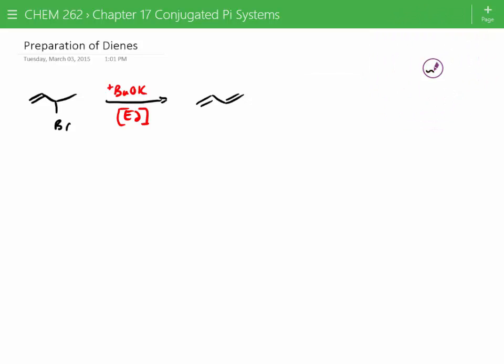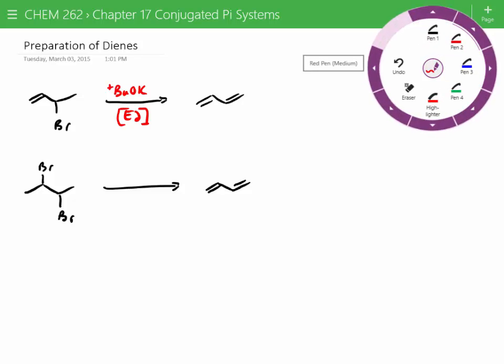We can also start directly from the dihalide. What if we have the dihalide? Now we've got two leaving groups. What do you guys think? A double E2 reaction, right?